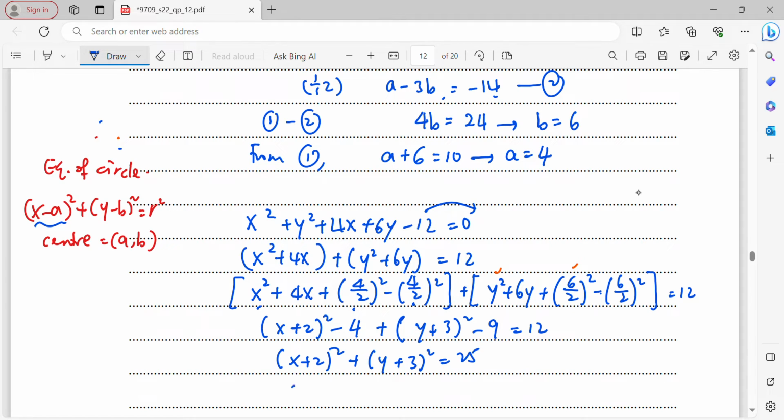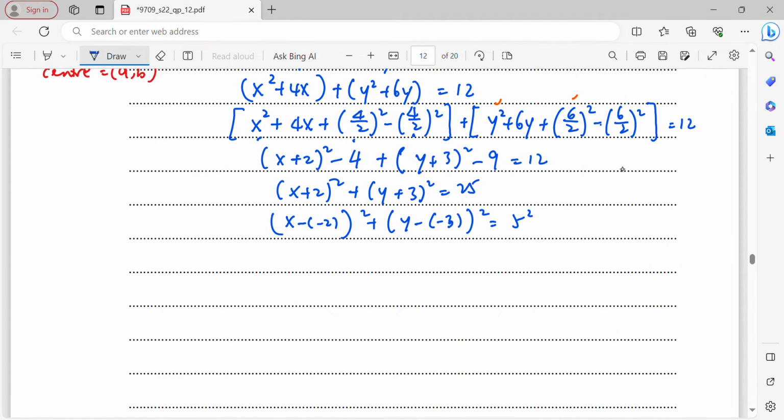That means now I will get (x minus minus 2) squared plus (y minus minus 3) squared equals to 5 squared. Okay, which means the circle with center (-2, -3), and then the radius is 5.